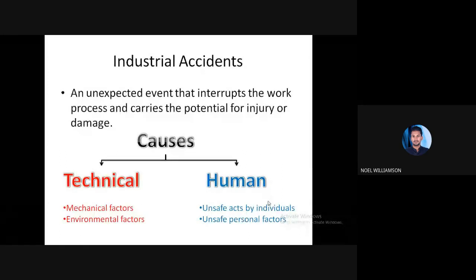Under the technical causes, there are two factors, mechanical factors and environmental factors, and similarly two factors under the human causes, unsafe acts by the individual and unsafe personal factors. So we'll see them one by one. First of all, what are the mechanical factors? We will see.